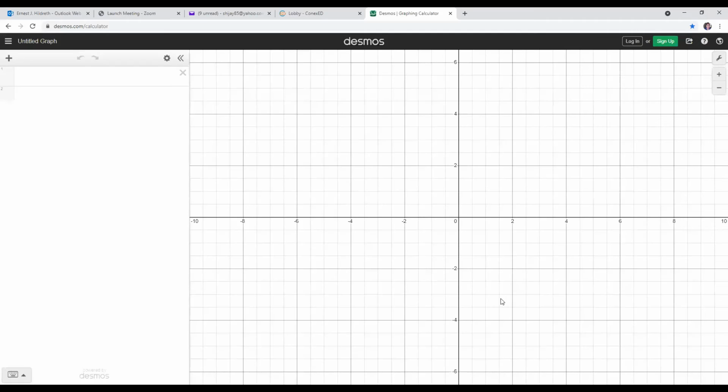Okay, so I will work with the parabolas for a bit, and I will show how they work in a function. So what I have here is a graph with Desmos. It'll show the examples that I have here.